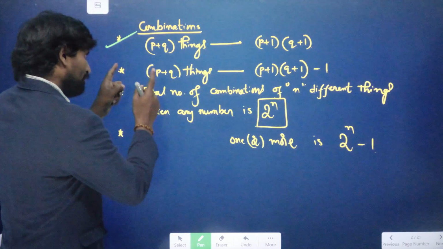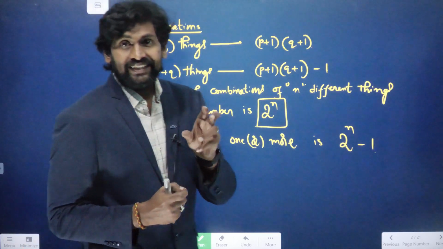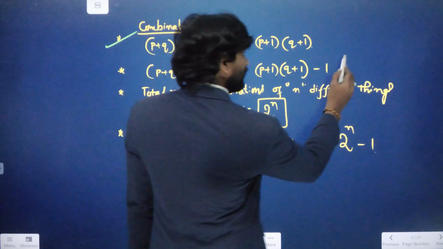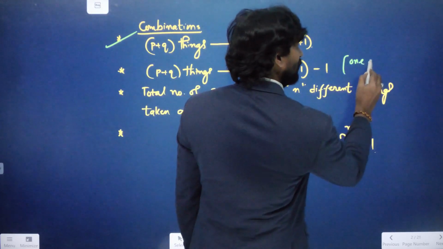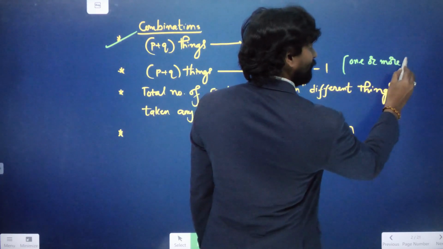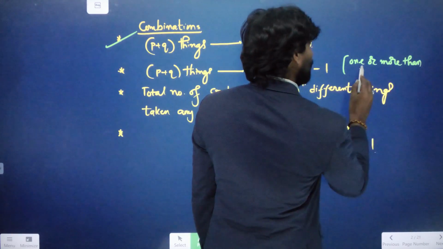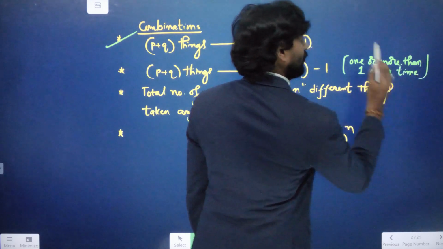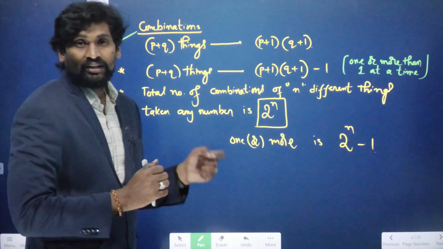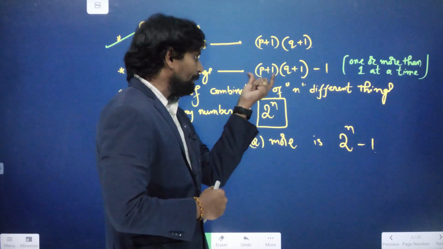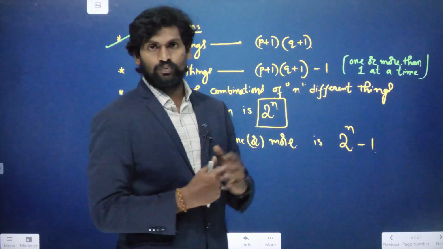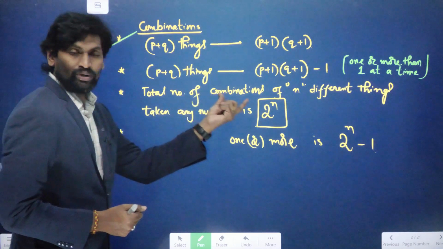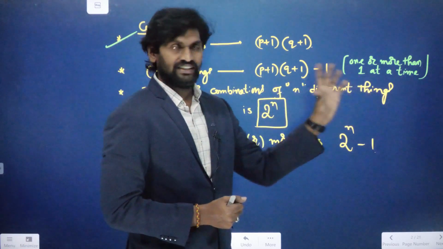But when p plus q things are selected as one or more than one at a time, it can be written in the format of (p plus 1) into (q plus 1) minus 1.